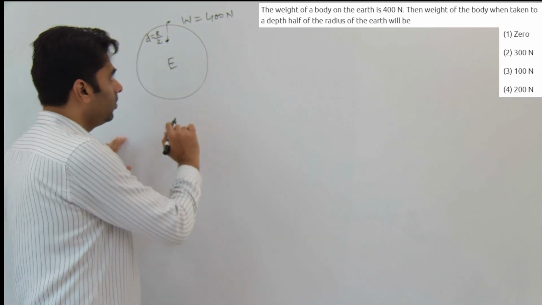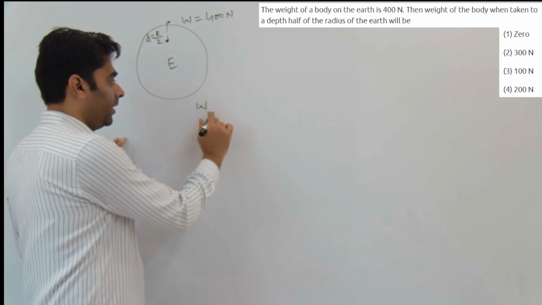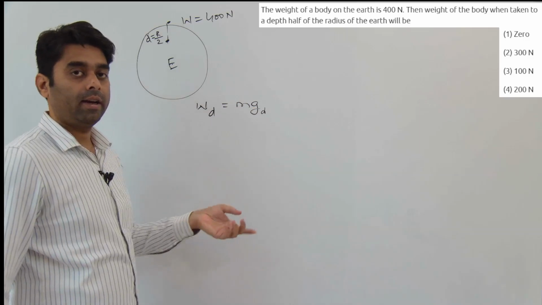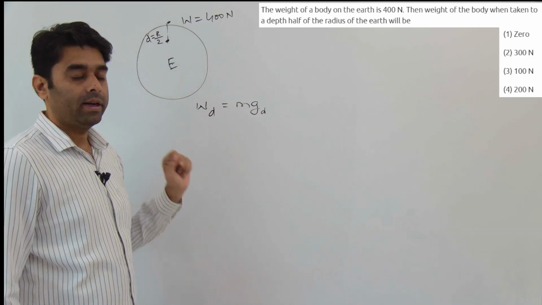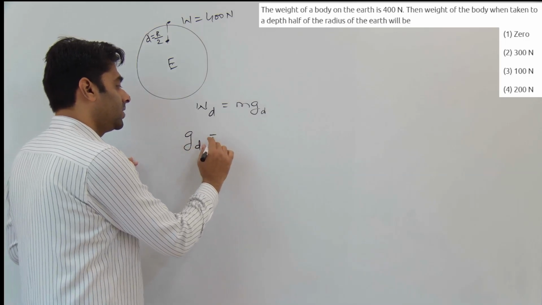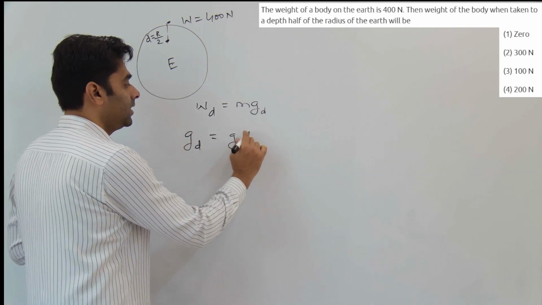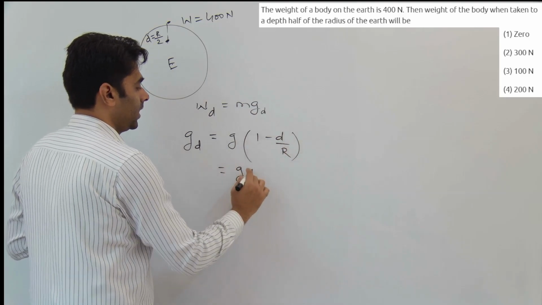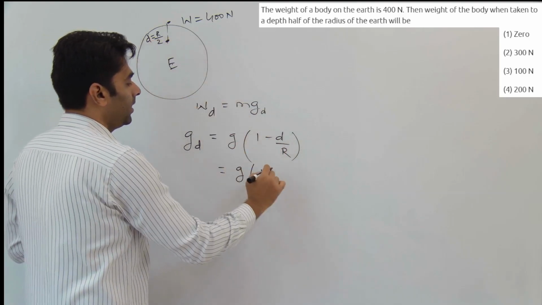So what do we know? What will we write? Weight at depth d will be written as m into g_d. So once we get our acceleration due to gravity at depth d, we will get our weight also. Let us calculate. What is our formula? The relation says g_d is g times (1 minus d by R). Let's take a look. g times (1 minus d), where d value is R by 2.